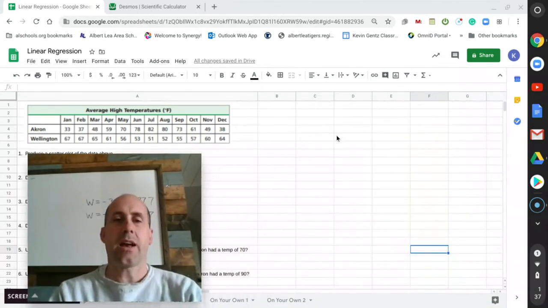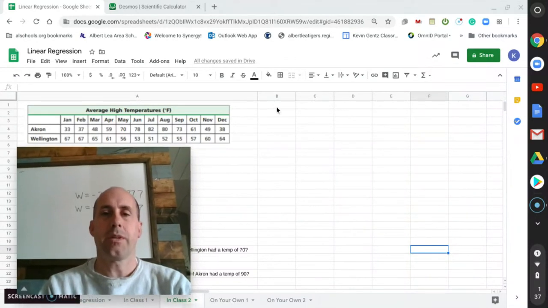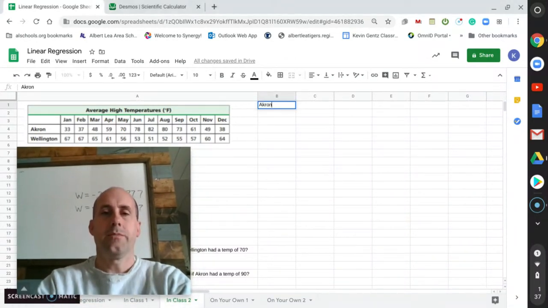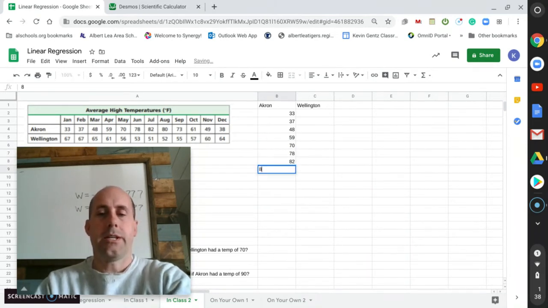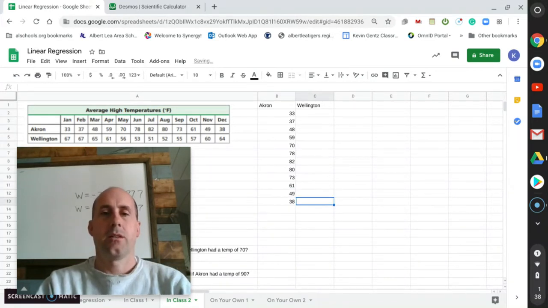And the way we produce the scatter plot is we just type in that data. So Akron and Wellington. Then under Akron, we have 33, 37, 48, 59, 70, 78, 82, 80, and then 73, 61, 49, and 38.